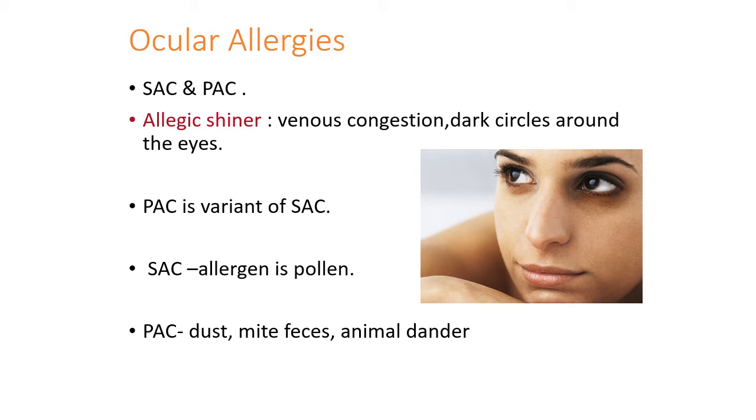It is called allergic shiner. Then perennial allergic conjunctivitis is a variant of seasonal allergic conjunctivitis. In seasonal allergic conjunctivitis, the allergen is pollen, and in perennial allergic conjunctivitis, it is house dust, mite, feces, animal dander. But the perennial allergic conjunctivitis is a response to perennial allergens and it is not so common.